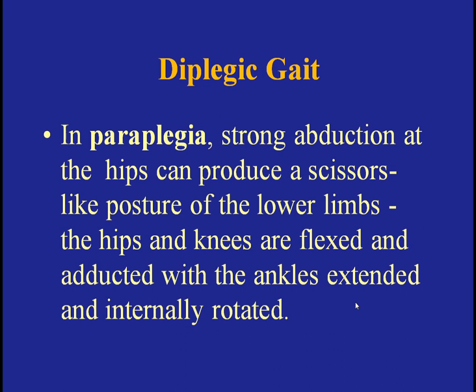In spastic paraplegia, strong abduction at the hips can produce a scissor-like posture of the lower limbs. The hips and knees are flexed and adducted with the ankles extended and internally rotated.